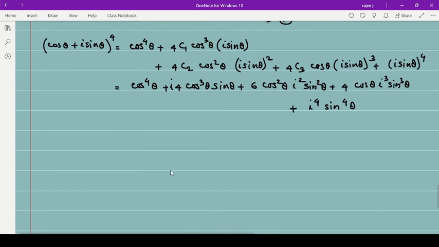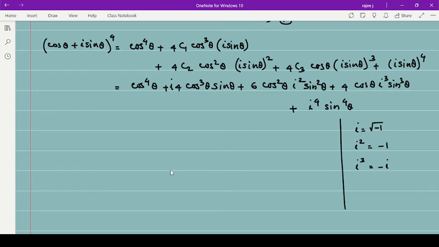Now we have to remember something more. i is the square root of minus 1, so i square is equal to minus 1. i cube is i square into i, but i square is minus 1, so i cube will be minus i.